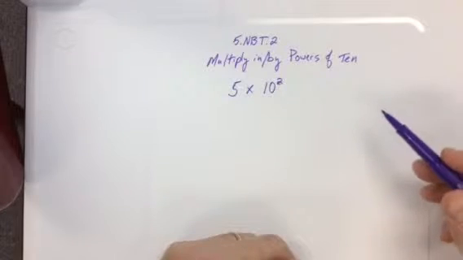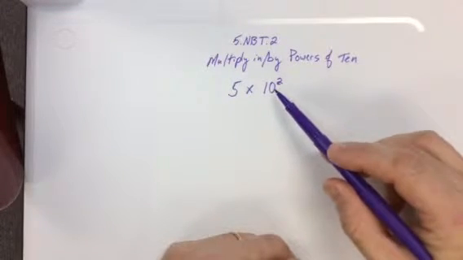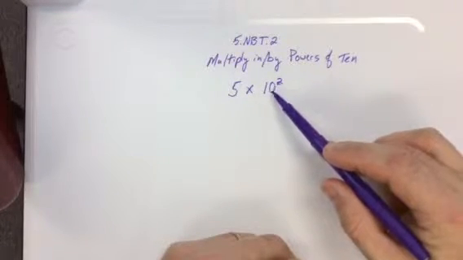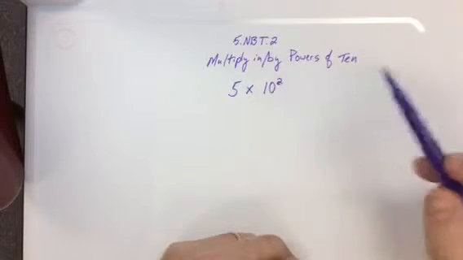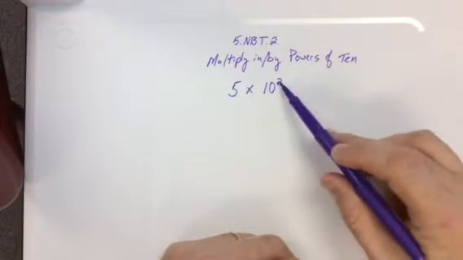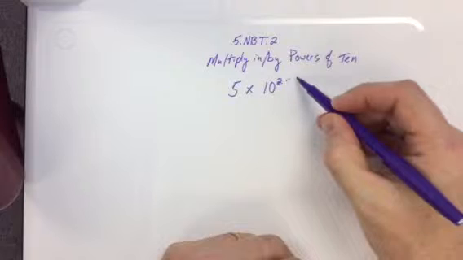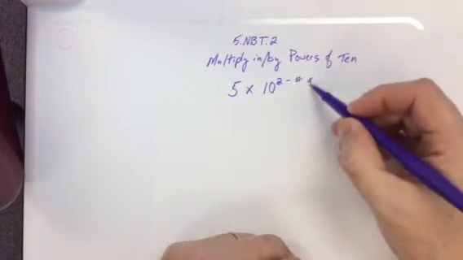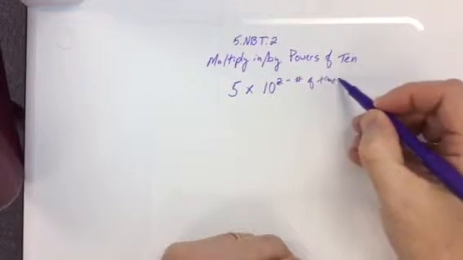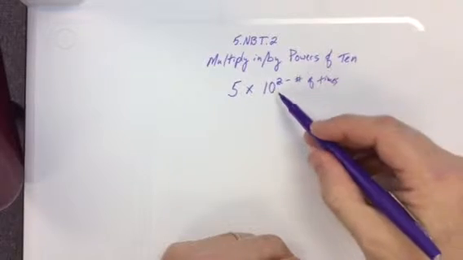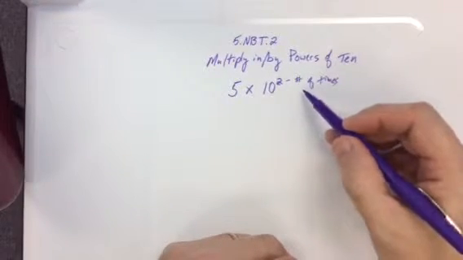If we were to write this problem out, a lot of students initially will take 10 times 2, which would be incorrect. The exponent represents the number of times the number is multiplied by itself.